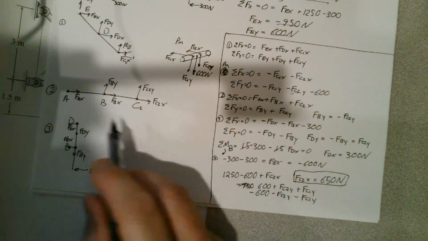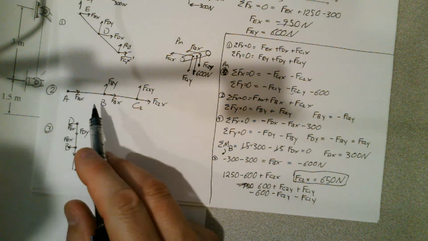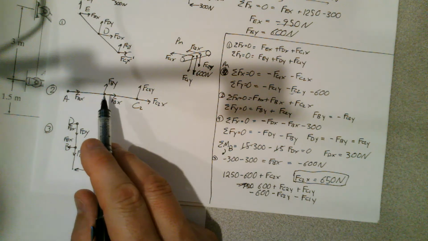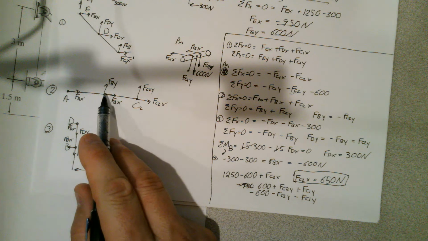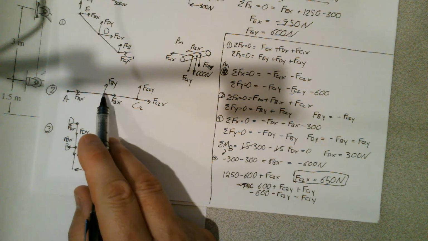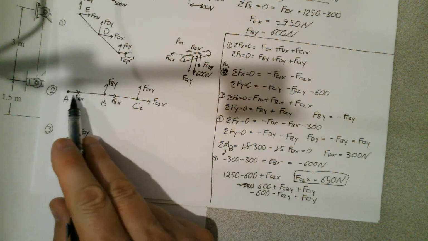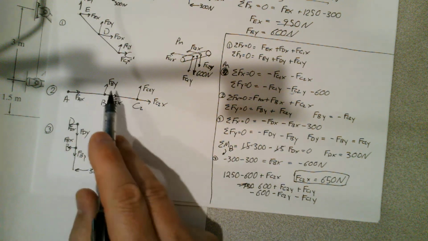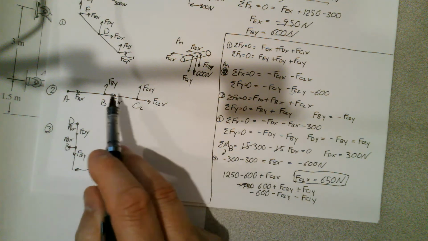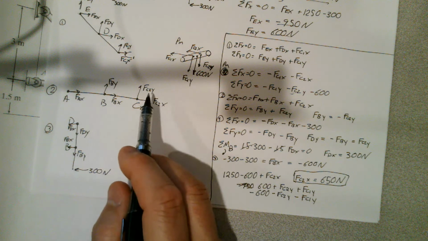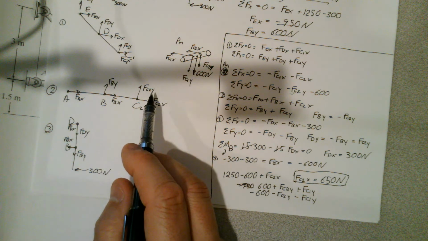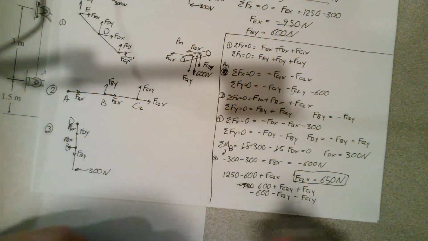But I was looking back, and it actually makes sense to go look at 2 again and put the sum of the moments around point B on 2. And if you think about it, FAX, FBX, FBY, FC2, they all go through point B. And so since the sum of the moments has to equal 0, FC2Y has to be equal to 0 too.